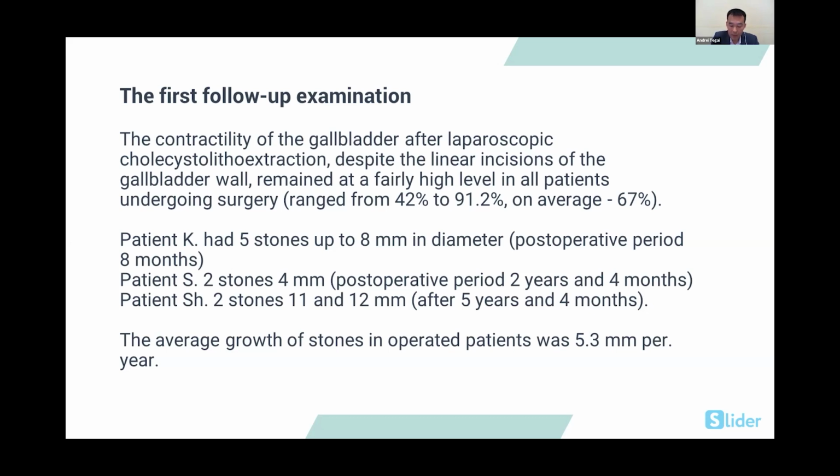Patient C had 5 stones up to 8 millimeters in diameter, postoperative period 8 months.